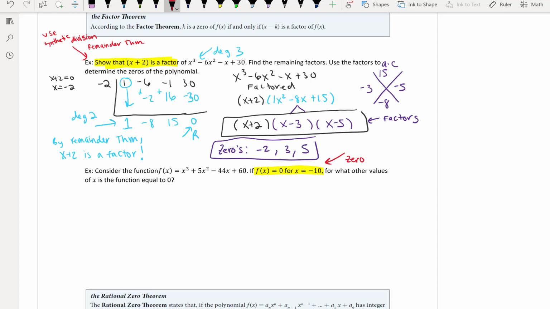Okay, that is a factor. And it's already telling me that x is equal to negative 10. So I'm going to have a negative 10 on the outside. And I'm going to do my synthetic division, because it says what other values. So this is the same as saying find remaining factors.